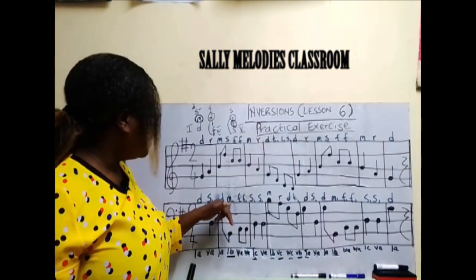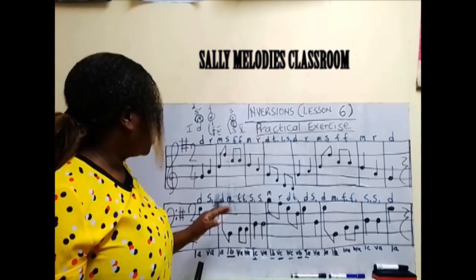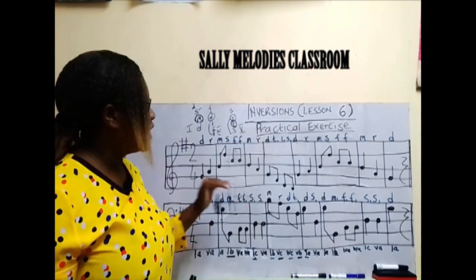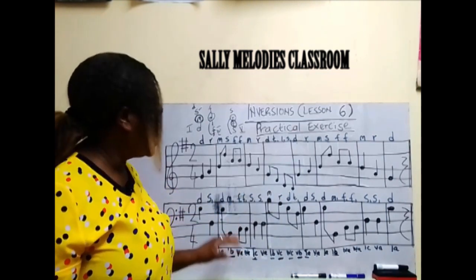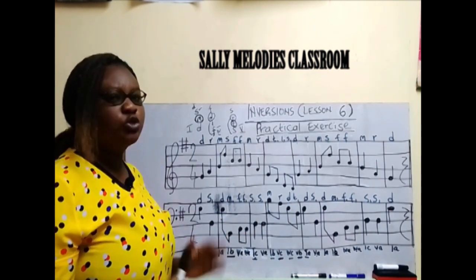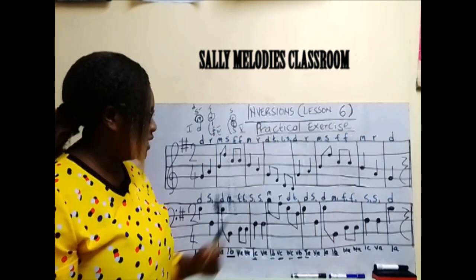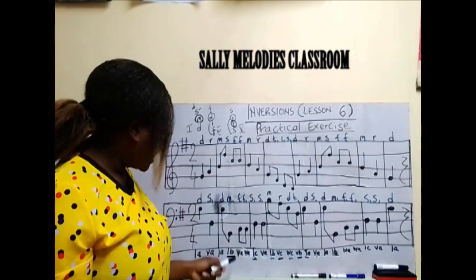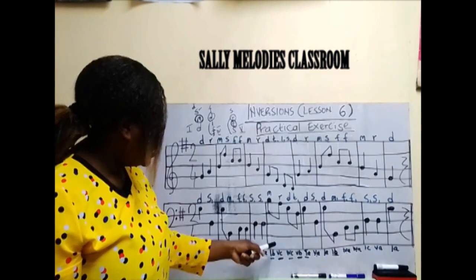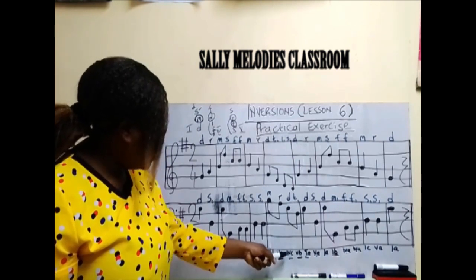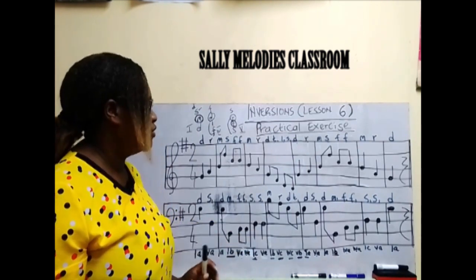You could not get mi, you could not get re, and you could feel that the bass line was not moving. It was so monotonous. So this composer used that kind of inversion. He used a 1B, a 1C, a 1B, 4C, 5C, and so on and so forth.